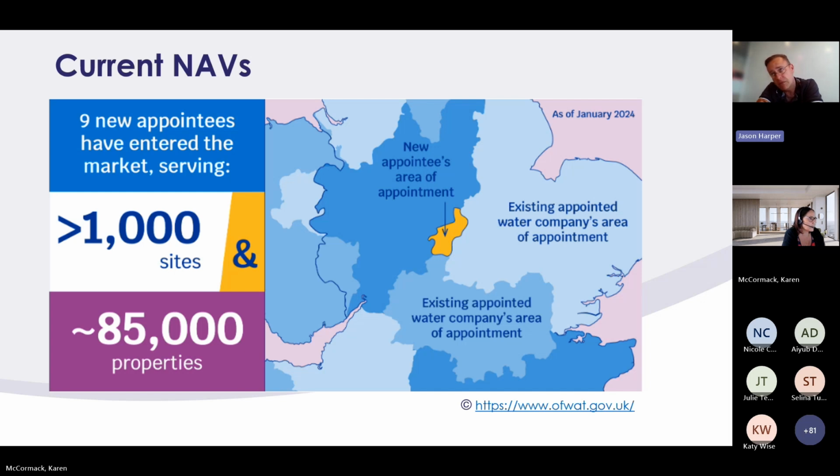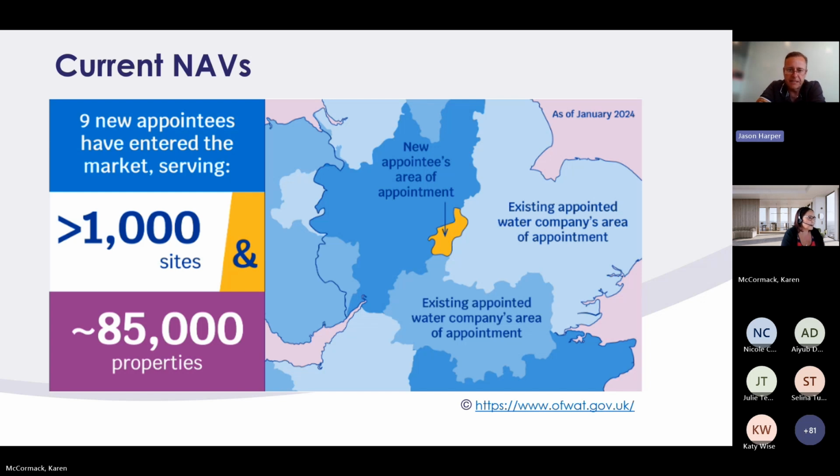There are another 3 NAVs that have just received their license: MUA Water, Matrix Water, and Indigo Water, which is coming into the market as well. So there's going to be more competition between the NAVs, and I think Ofwat are hoping that eventually will start driving the prices down, and the competition and the service will be better. Hopefully that will be the case.